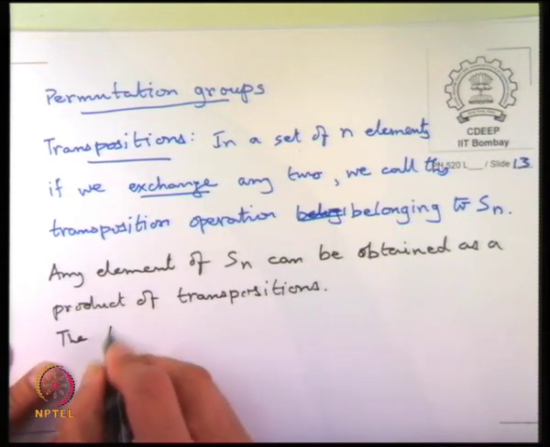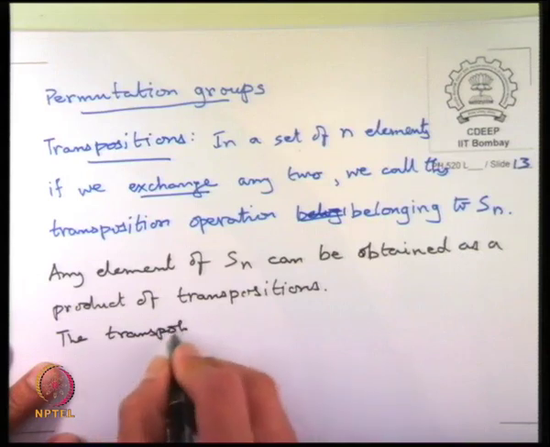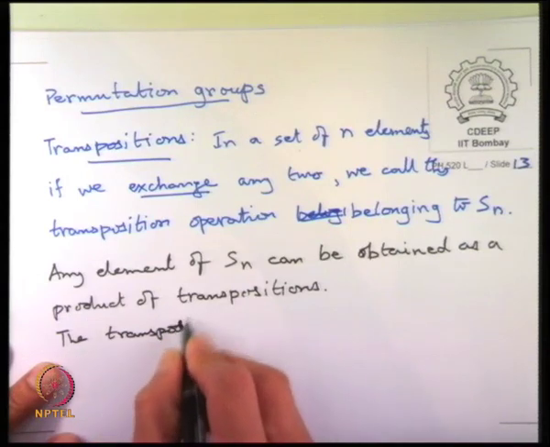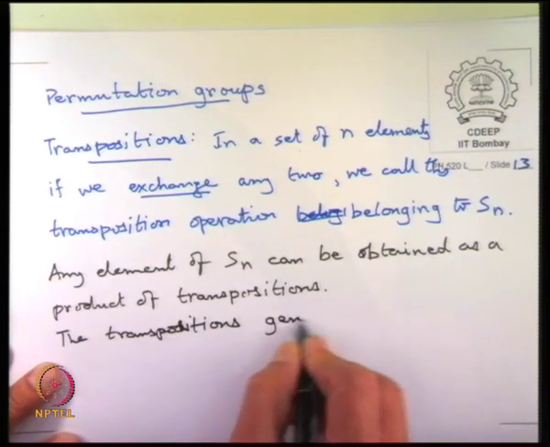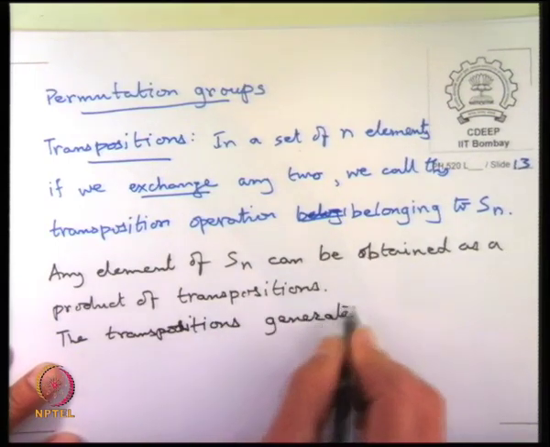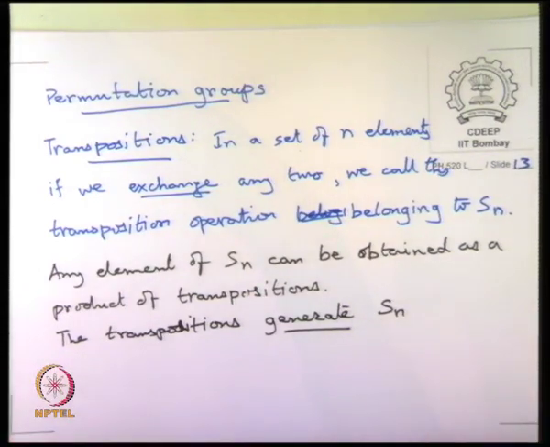The transpositions generate Sn, because if you think of any permutation, you can do it as a sequence of exchanging pairs.